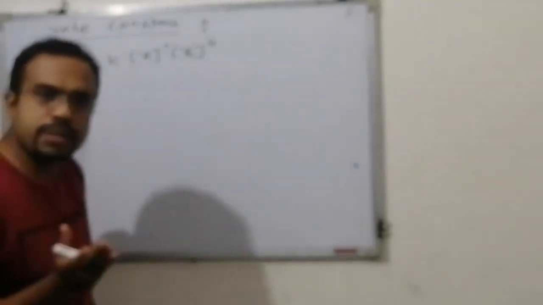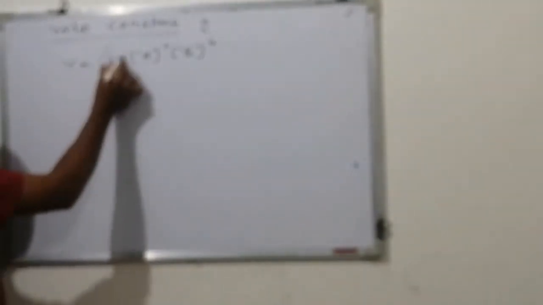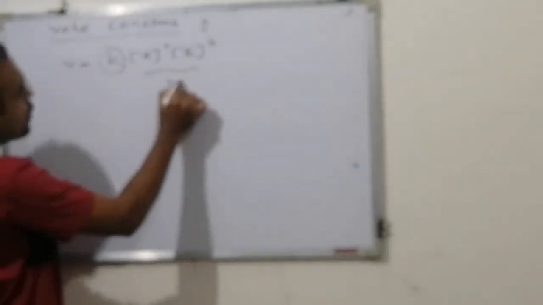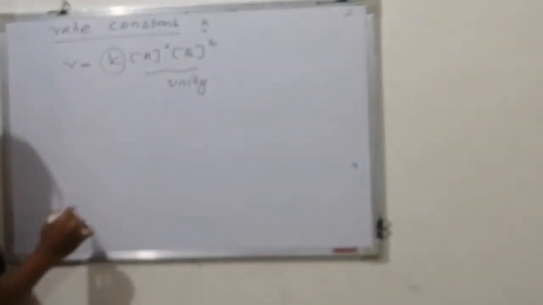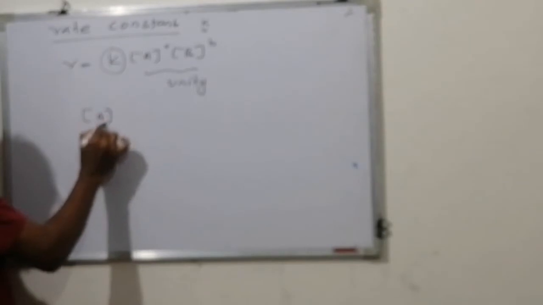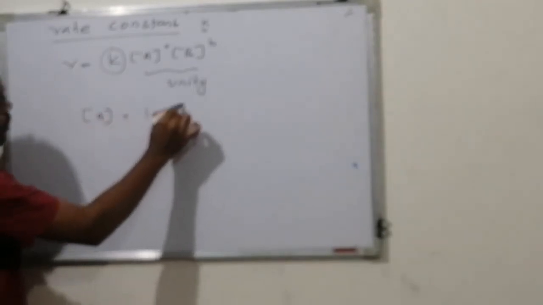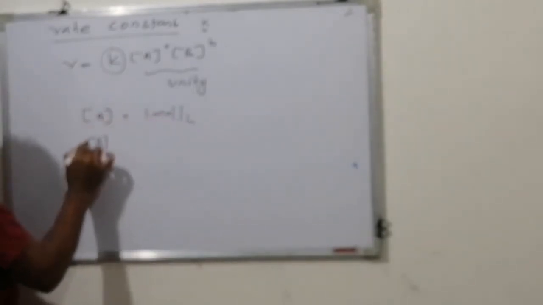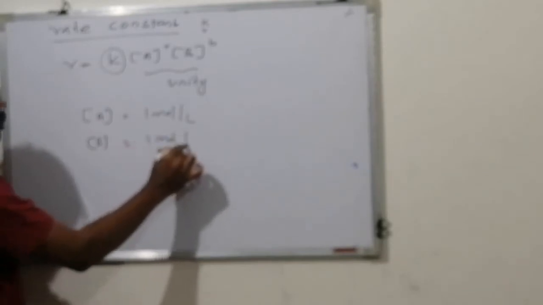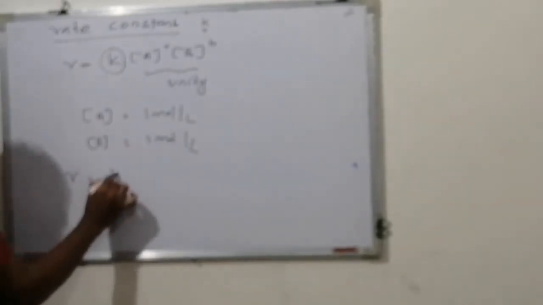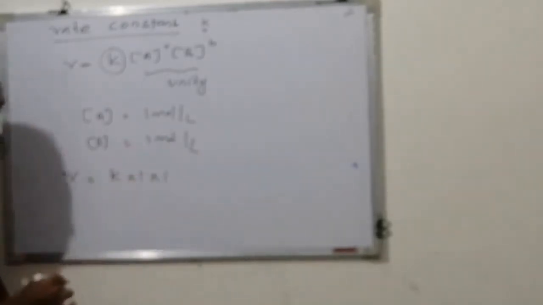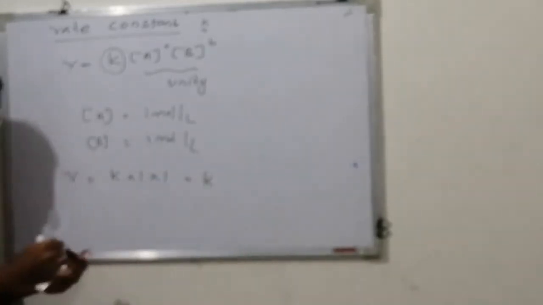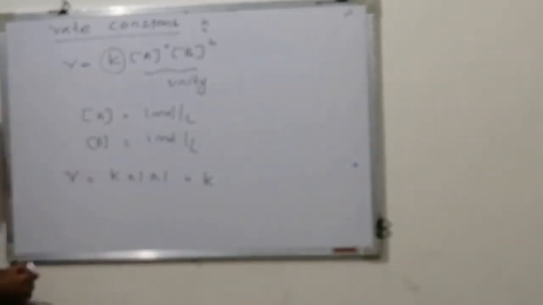What is the rate constant? What is the mathematical way of expressing this constant? You make these things unity. How can you make these things unity? That is, A is equal to 1 mole per liter, B is equal to 1 mole per liter. Therefore, R is equal to K into 1 into 1, that is K. Therefore, what is rate constant?